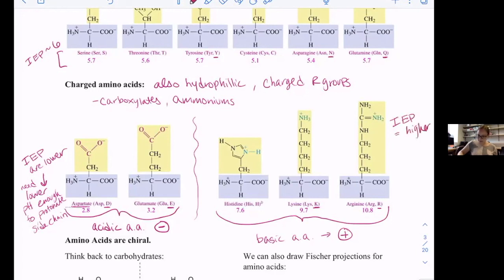As you can see, they're pHs of 9 and 10. So we need to raise the pH enough to deprotonate the ammonium. So we have a positive charge, we need to have a higher isoelectric point to be able to deprotonate that and get it to a neutral structure.